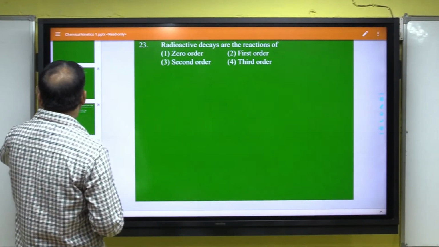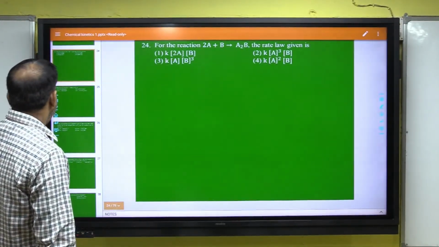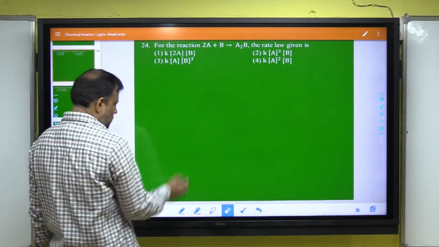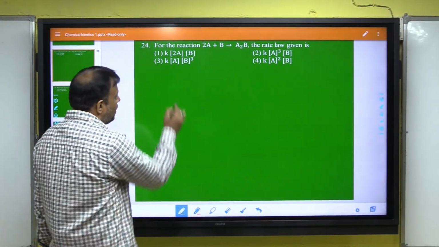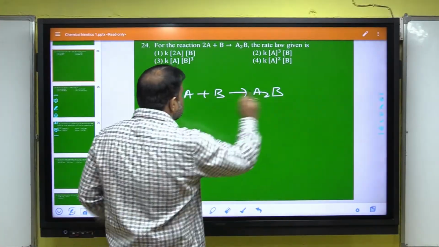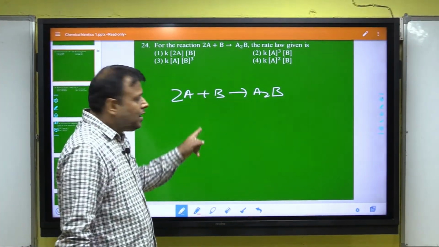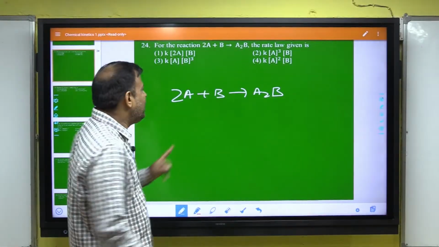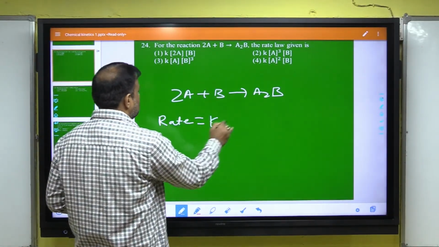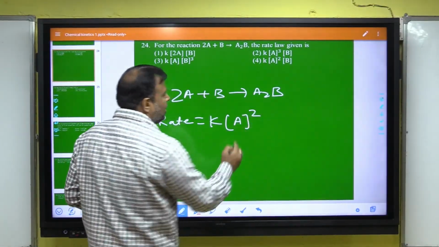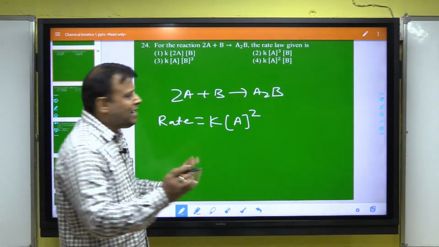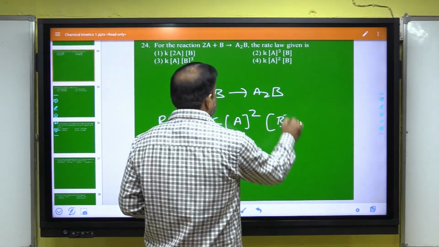Question number 24. For a reaction, look at the board: 2A plus B converts into A2B. It is a simple addition and an elementary reaction, hence the rate law is rate equal to K conc of A to the power 2, obtained from experiment but equal to the coefficient because it is elementary, and B to the power 1.